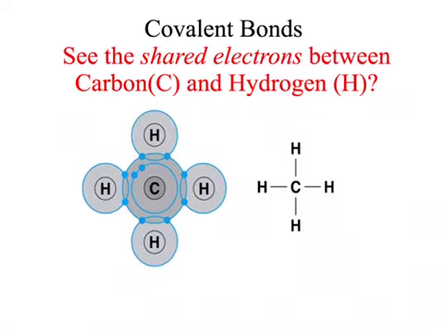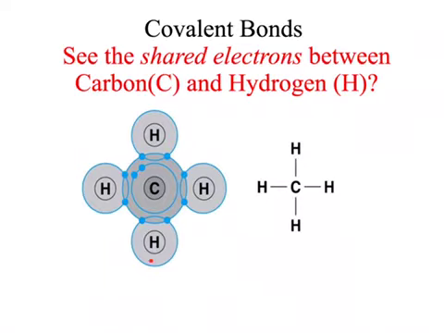When you look at this molecule, you'll see that each hydrogen has 2 electrons connected to it, and this carbon has 1, 2, 3, 4, 5, 6, 7, 8, 9, 10 surrounding it.